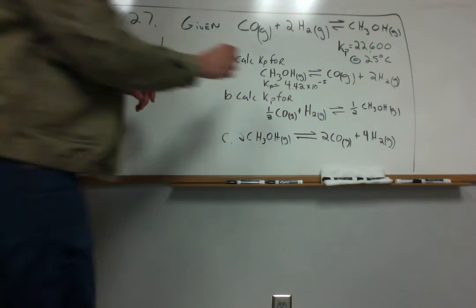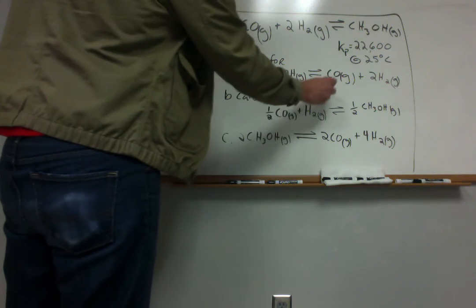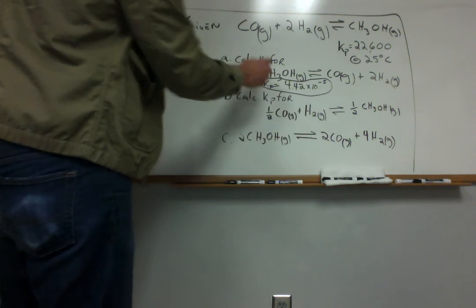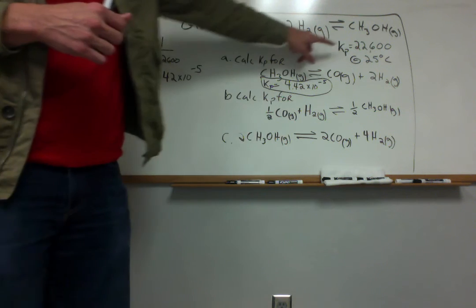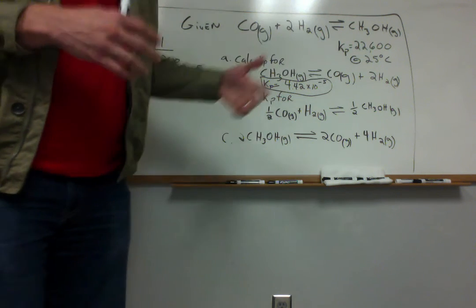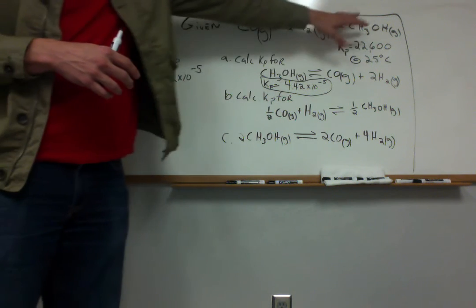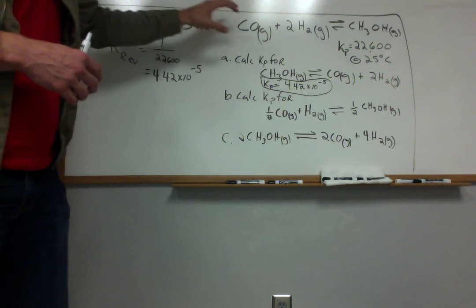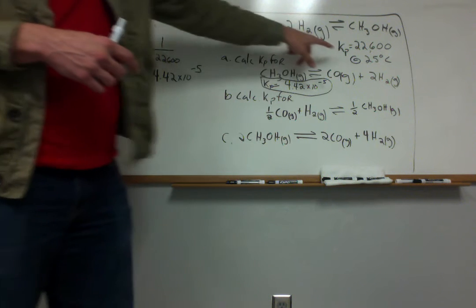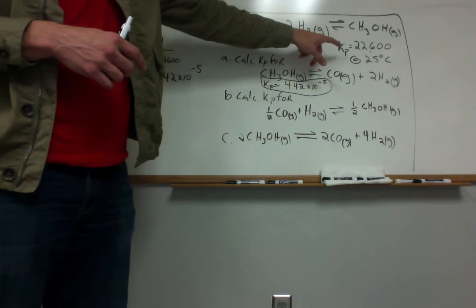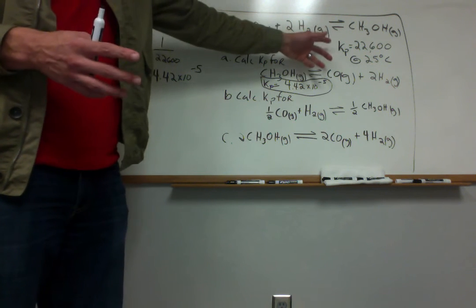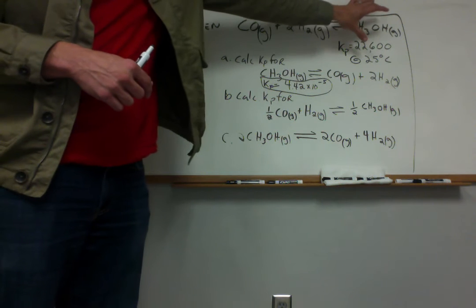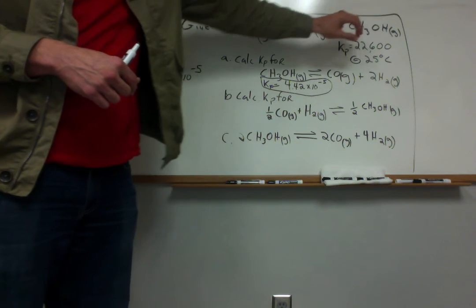Now, remember what these values tell you about. The magnitude or the size of the value tells you whether or not you're product favored or reactant favored. If Kp is a very big number, say greater than 1,000, you've got mostly products existing once equilibrium is reached.